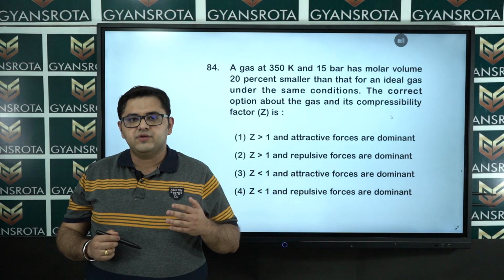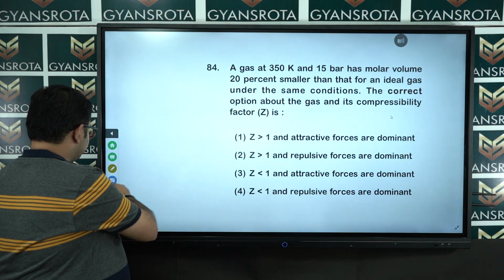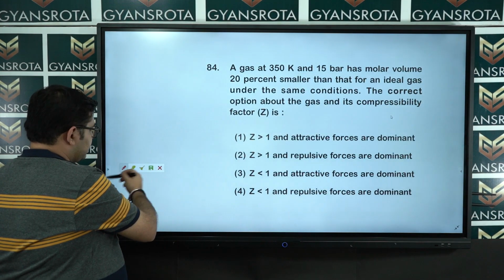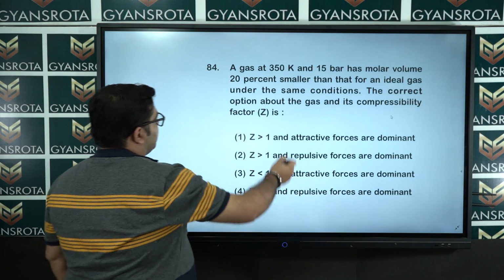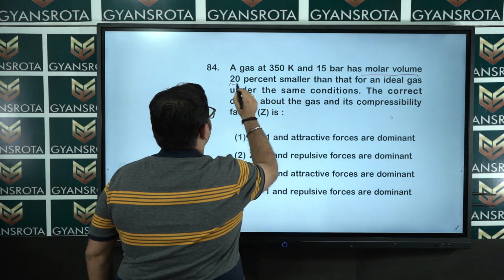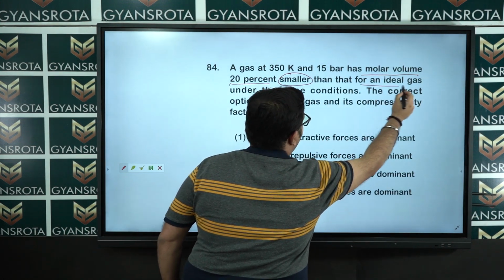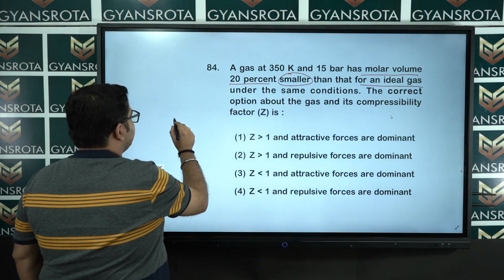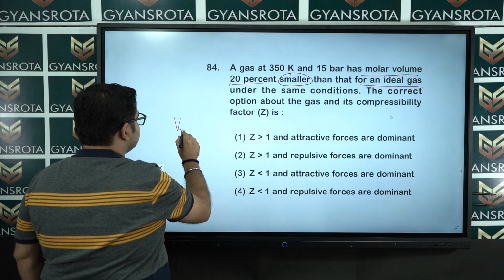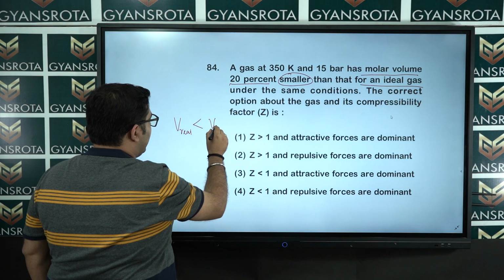Now, we are moving to the solution part. So, if you see in the question, they already mentioned that your molar volume is 20% smaller than that for an ideal gas, meaning the V real will be smaller than your V ideal.